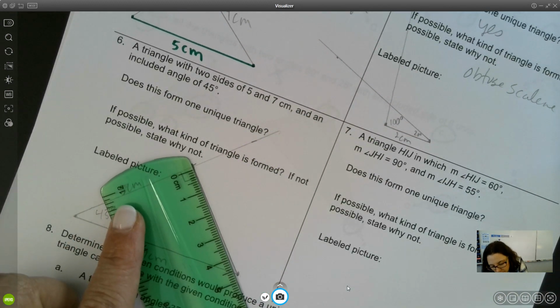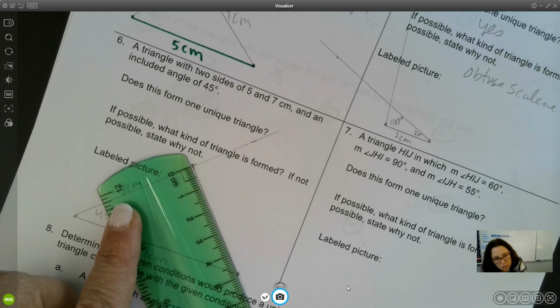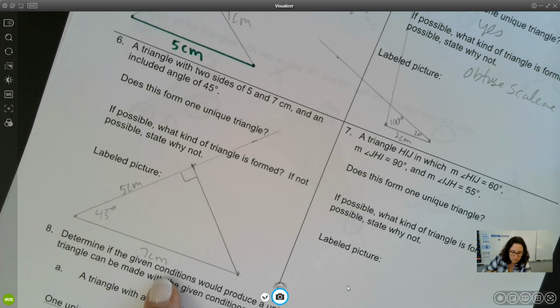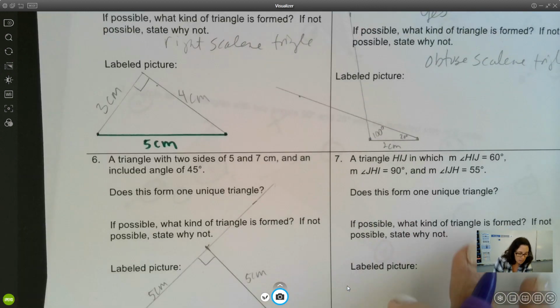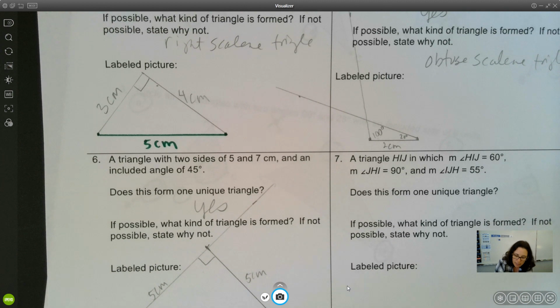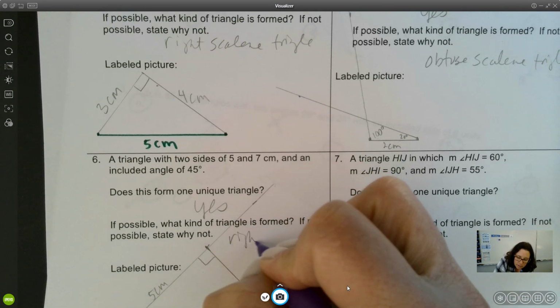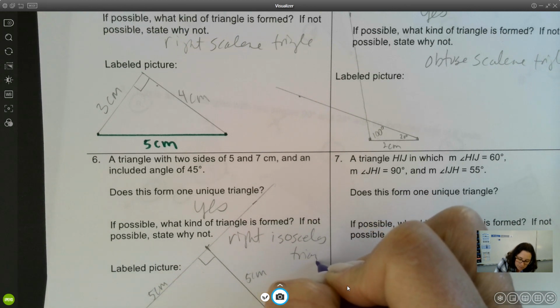Let me see if this is 5 centimeters. Yes, it is. Pretty much as well as a human can do. Okay, so this was 5 centimeters also. So this is going to be a right isosceles triangle. So yes, this forms a unique triangle.